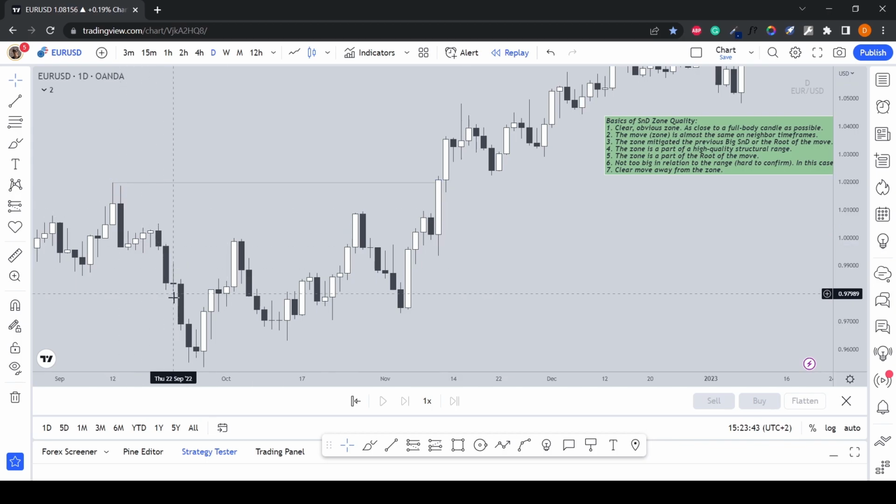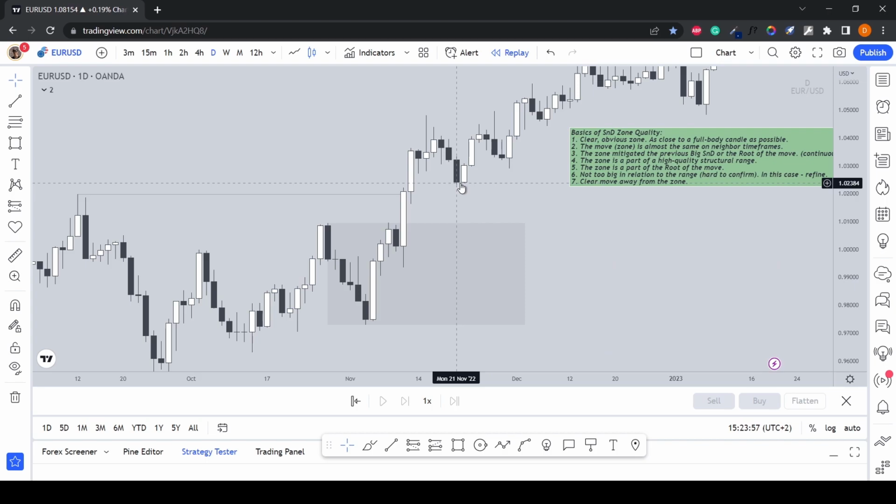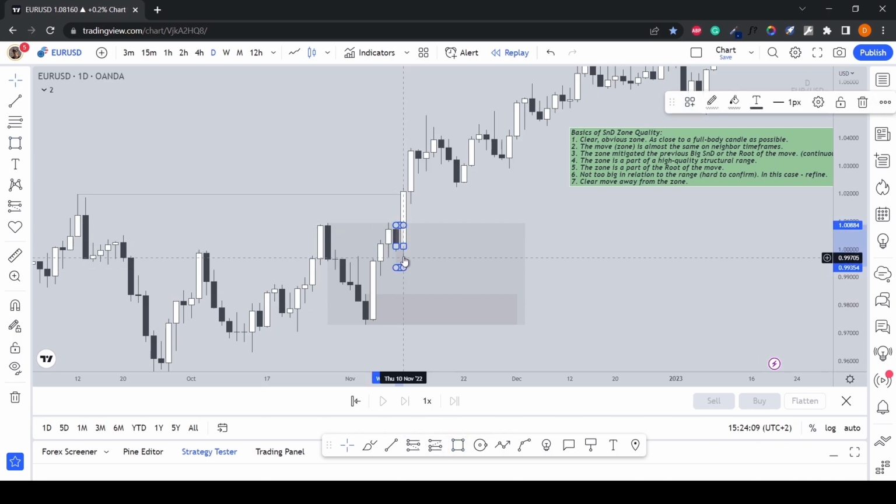Yeah, the big SnD is here, but it is so huge, so we go to the root of the move, the actual pullback before the break of structure that created this impulse. And now we have a choice. We can say that we want to trade, for example, this refined zone, this last down move before the up move, or we can also say we would like to confirm this one.